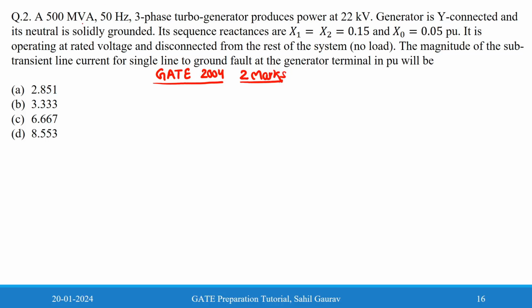A 500 MVA 50 Hz 3-phase turbo generator produces power at 22 kV. The generator is star connected and its neutral is solidly grounded. Its sequence reactances are x1 equal to x2 equal to 0.15 and x0 equal to 0.05 per unit. It is operating at rated voltage and disconnected from the rest of the system, that is, no load. The magnitude of the sub-transient line current for a single line to ground fault at the generator terminal, in per unit, will be.